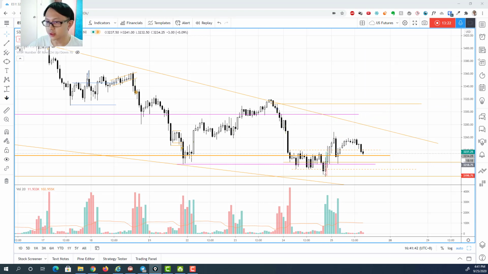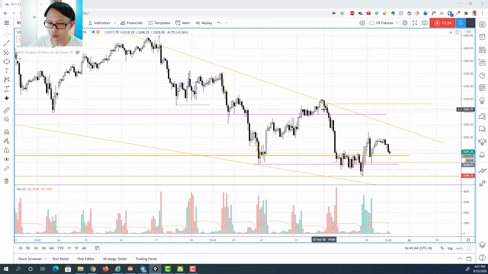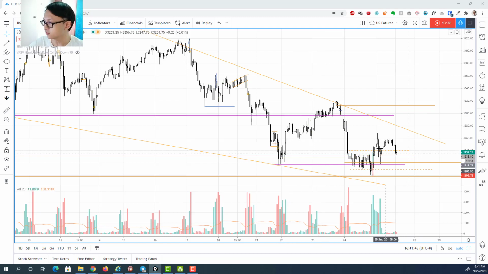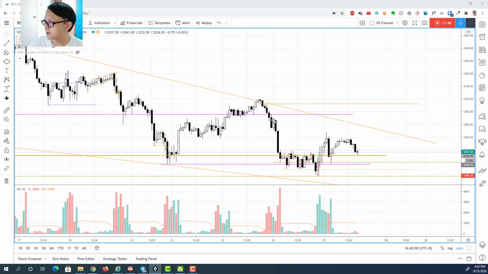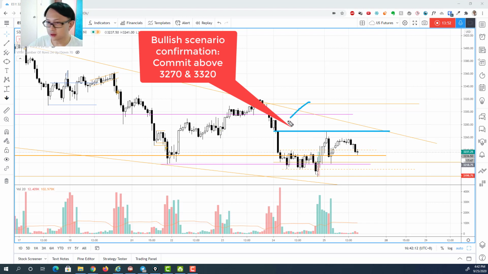So if we just zoom out a bit here, you can see that this kind of rally is definitely different, and it's definitely better than this. So I think we definitely have a chance to attempt to rally, but if we want to see some kind of confirmation, the first confirmation that I'm actually watching is this supply zone here.